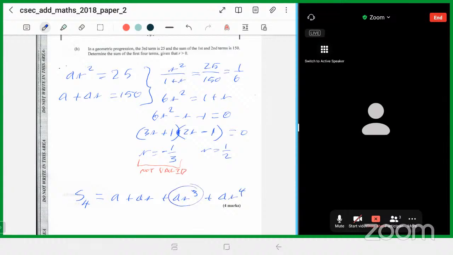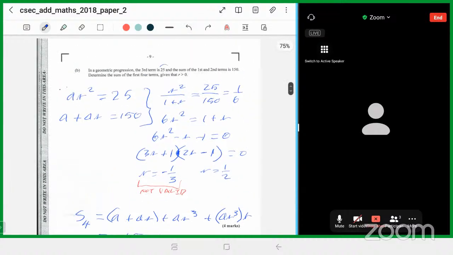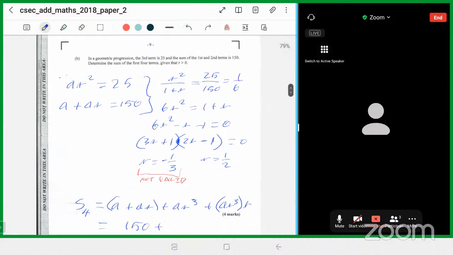But this is really AR cubed times R. So I'm going to write this instead as AR cubed, which I already determined is the 3rd term. The sum of the first 2 terms, that's 150. I don't need to write them out. That's 150, plus the third term, 25.